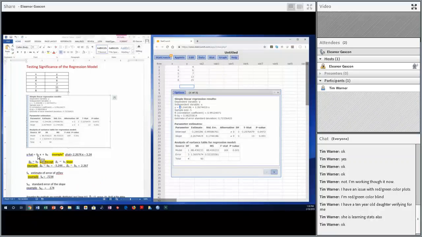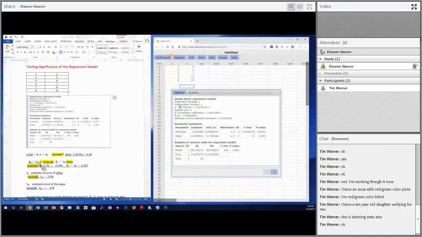Now, our general terms. Y hat is all about the sample. Remember how mu was represented by x bar in the sample? Mu is the mean of the population, and x bar was the mean of the sample. And sigma was the standard deviation of the population, and S is the standard deviation of the sample.